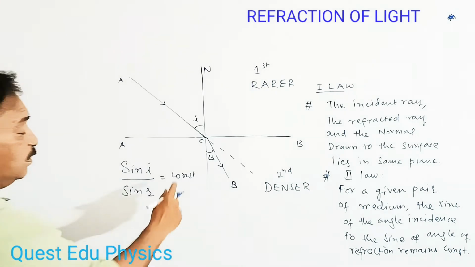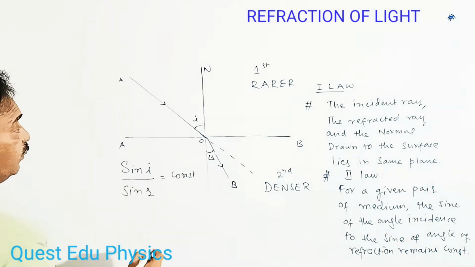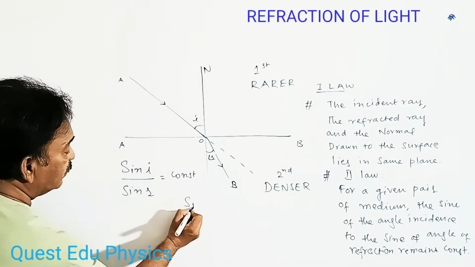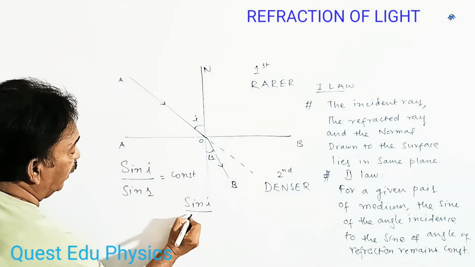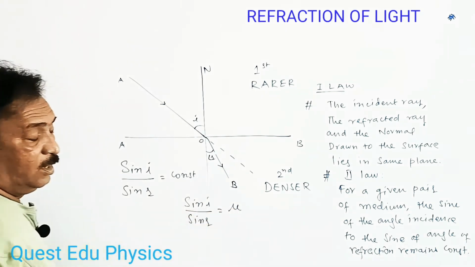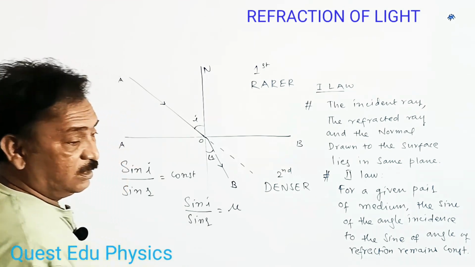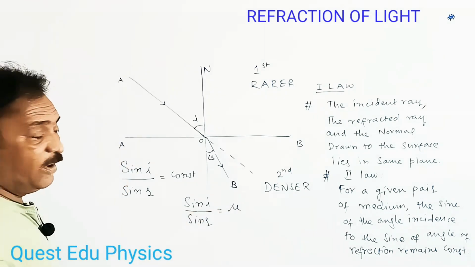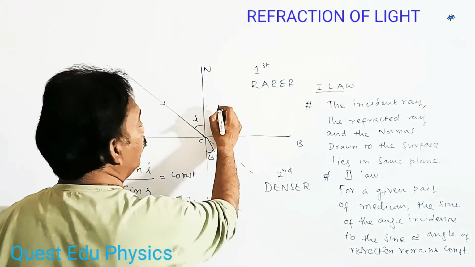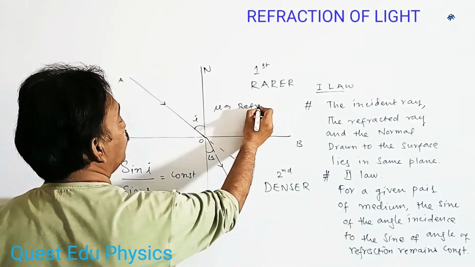This constant is known as the refractive index, students. Then this equation can be further written as sin I by sin R is equal to mu. You have to read it as the mu. Mu is what? Refractive index, students, where mu is refractive index.